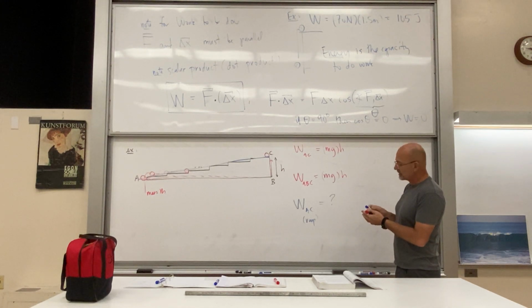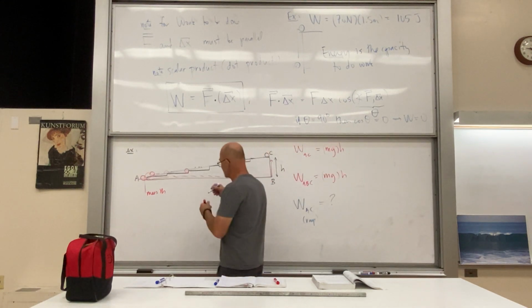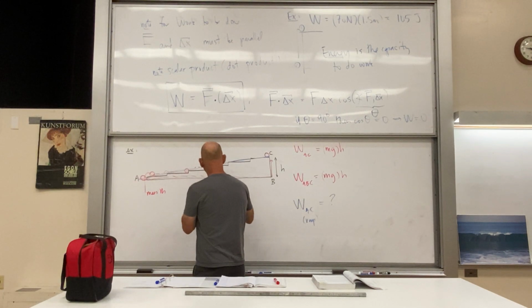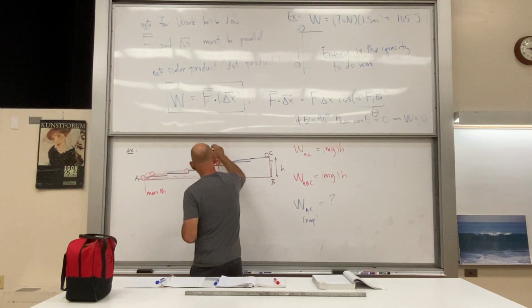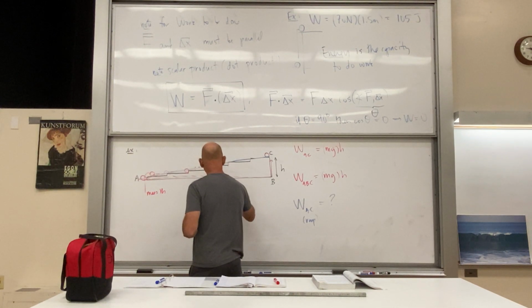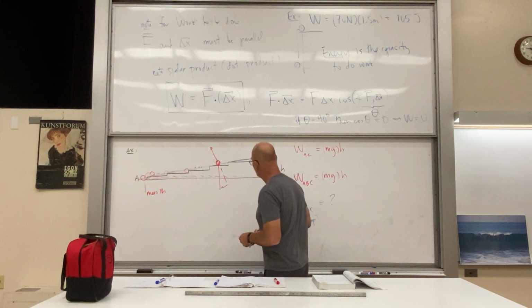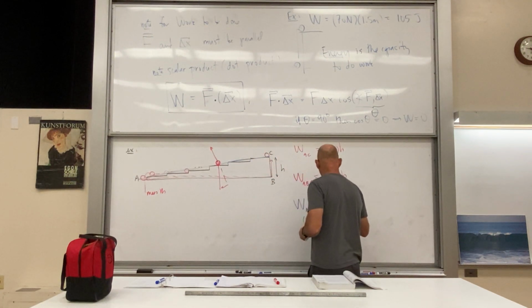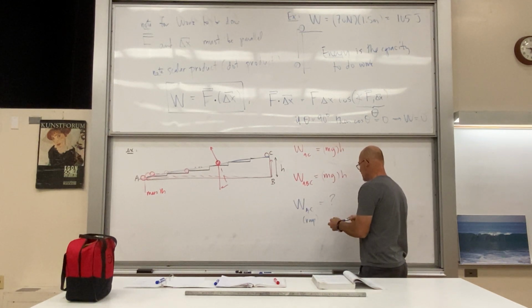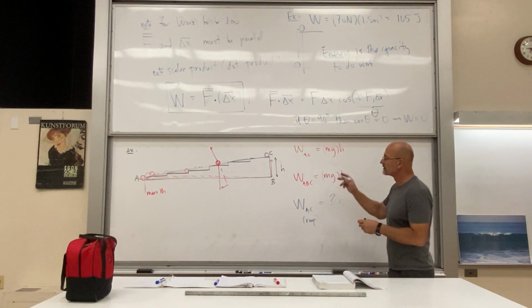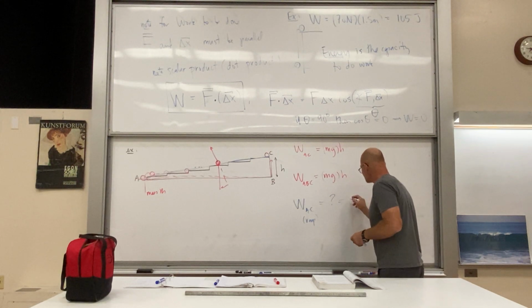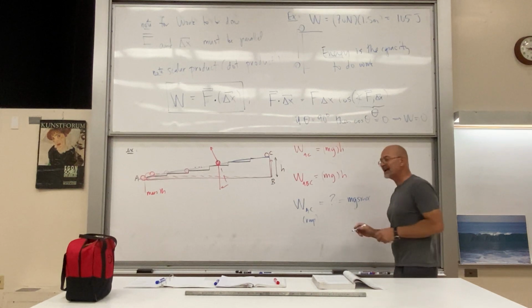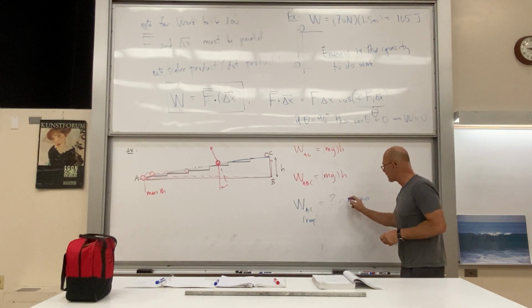Well, here's what we could do. We could put the ball here, do our free body diagram as we've been doing, and then we would know that the downhill force would have been mg sine alpha in magnitude, because we've done that before.